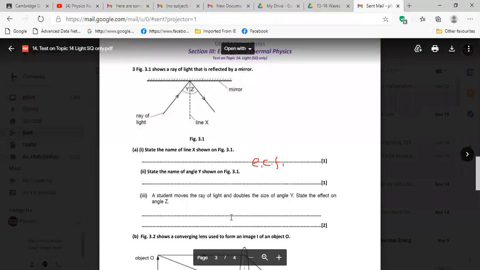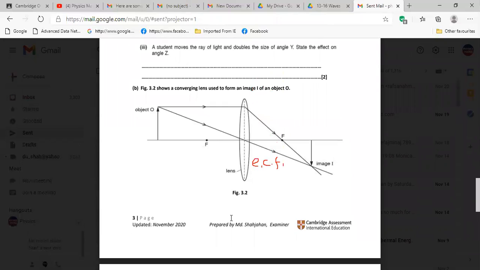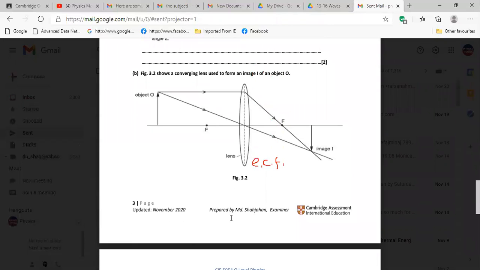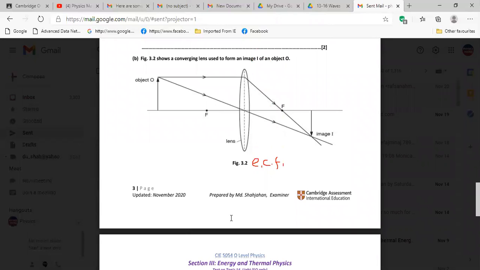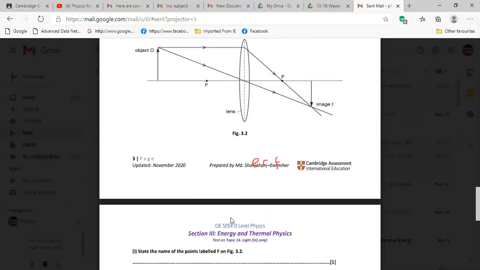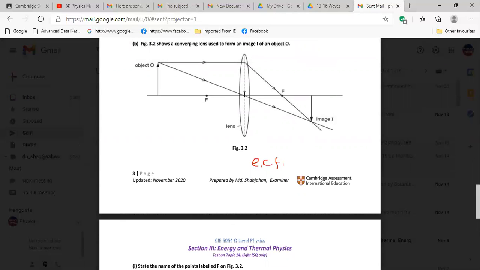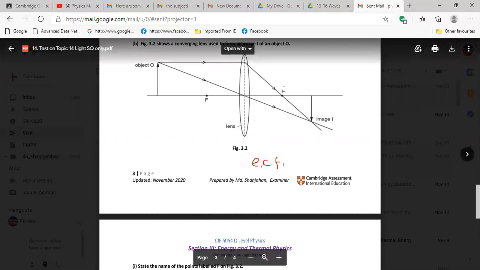The next one we see, figure 3.2, converging lens used to form an image I of an object O. State the name of the points labeled F. So this point, they are not asking you the length from optical center to this point. They are only asking about this point.